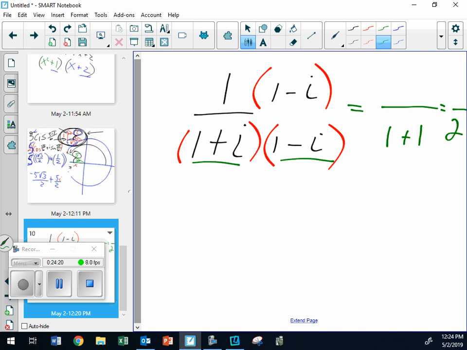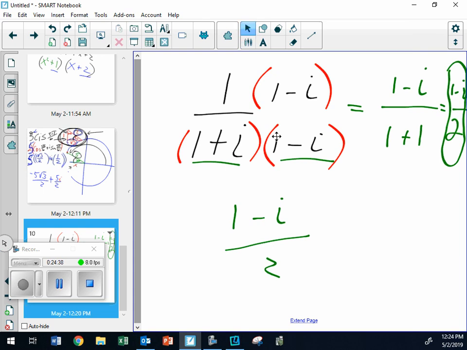And so I have 1 minus i on top, and I have a 2 on the bottom. How is that any better, Mr. Server? In 2 ways. It doesn't have any square roots on the bottom, and this can be written as a real part and an imaginary part. Please split it up into its real and imaginary parts.